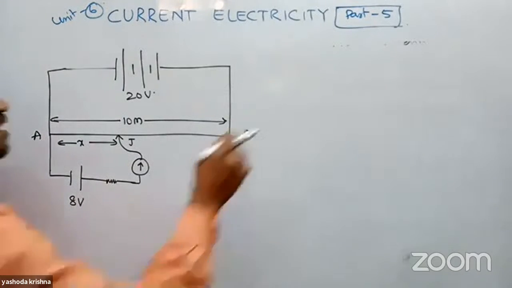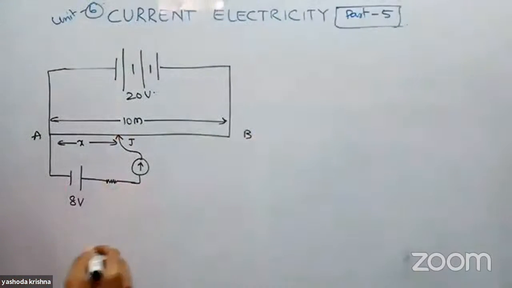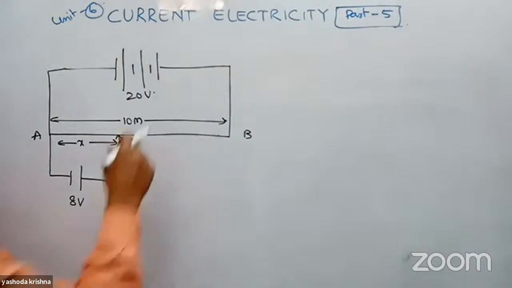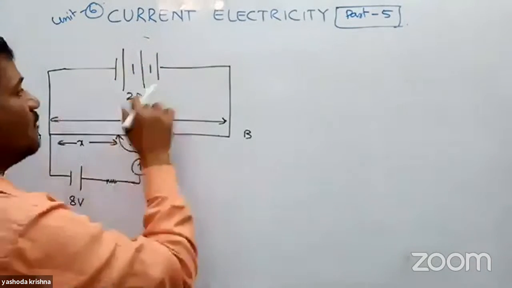At which potential does it indicate null deflection? Here, 8V is there. How much is the total potential here? V is the total potential.